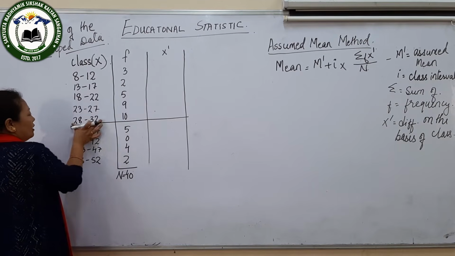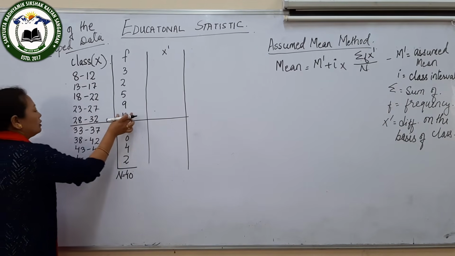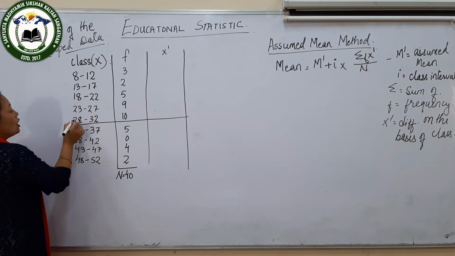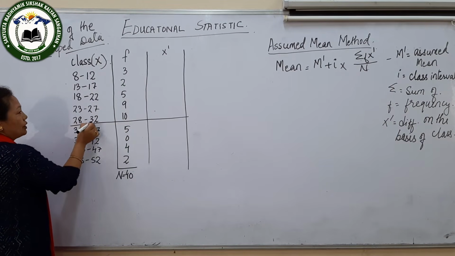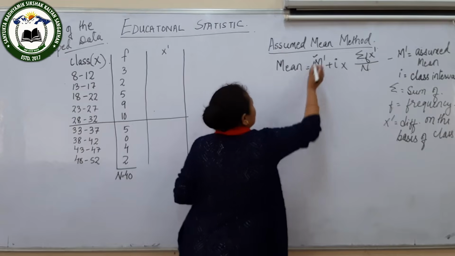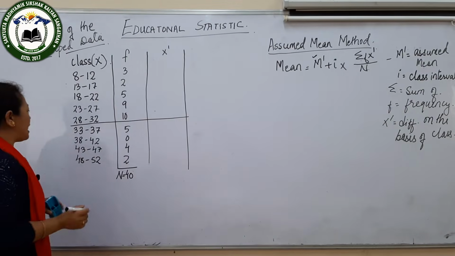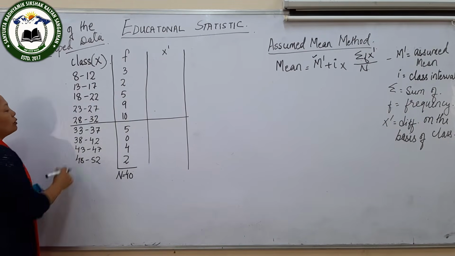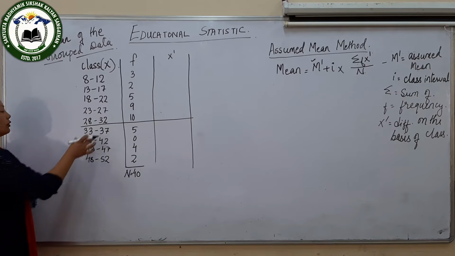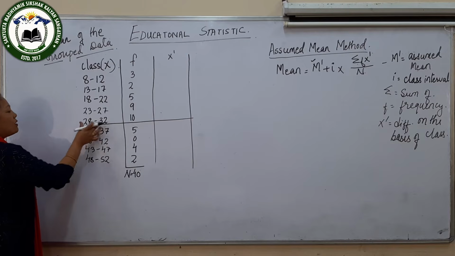Now, with the highest frequency, we will take the class interval, that is 28 to 32. So, the difference between 28 to 32. Now, what we require first is m dash.